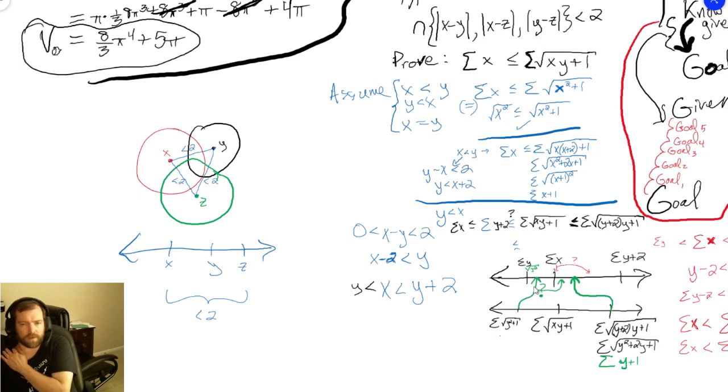If we could get the sum of x to be bounded between those two, then it's going to say, well, it has to be... not necessarily, though.